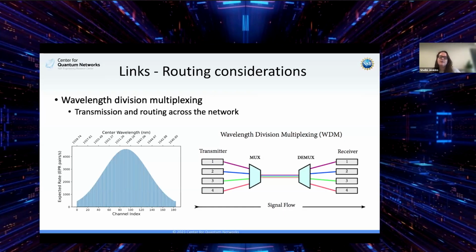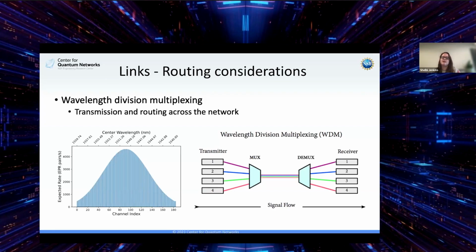But we want to be able to route these to different parts of the network depending on which consumer nodes are requesting EPR pairs. Let's say there's a quantum computer at consumer nodes A, B, and C. If quantum computer A needs 10 times more entangled pairs than quantum computer C, we want to make sure that we can accommodate that.